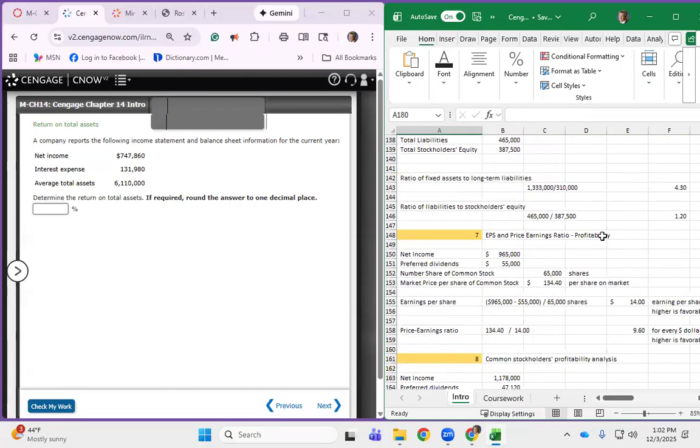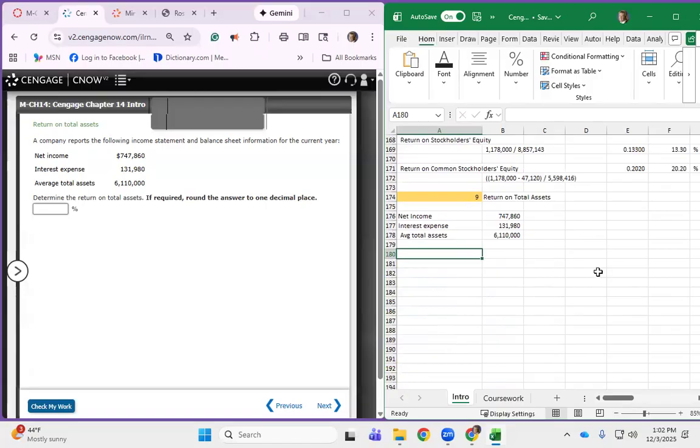So your return on total assets is the number we're going to find. Okay, so here it is. Net income plus interest expense divided by your average total assets. Okay, so there it is.